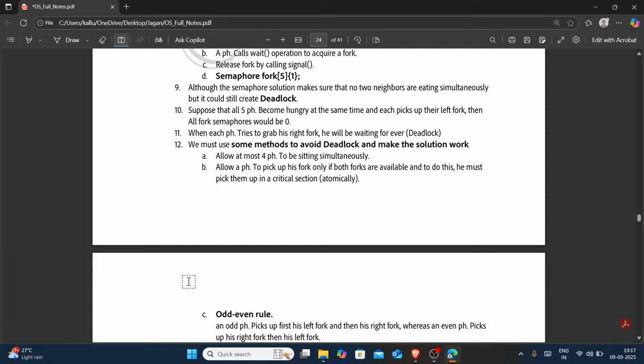Let's say again the same five processes and five resources. Each process needs three resources to complete execution. So at a time, how many processes can work?